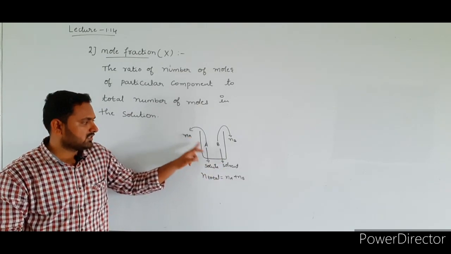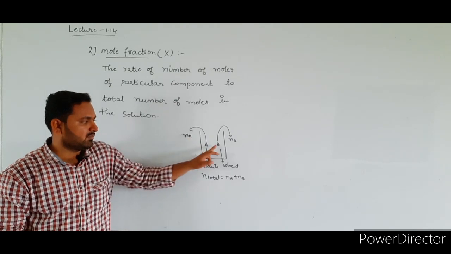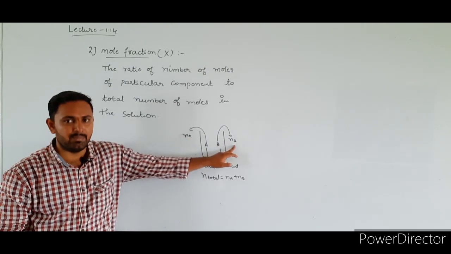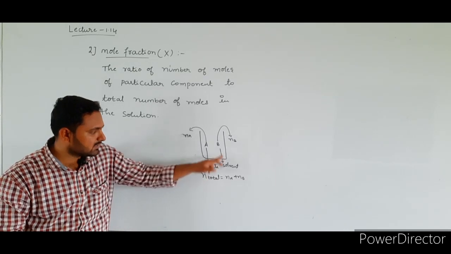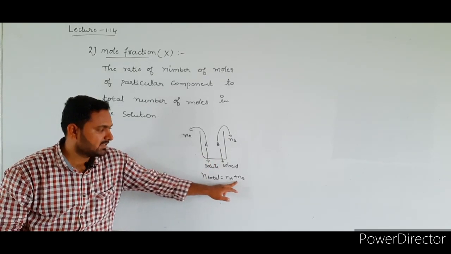The number of moles of A is Na, the number of moles of B is Nb. The total number of moles in solution is Na plus Nb.